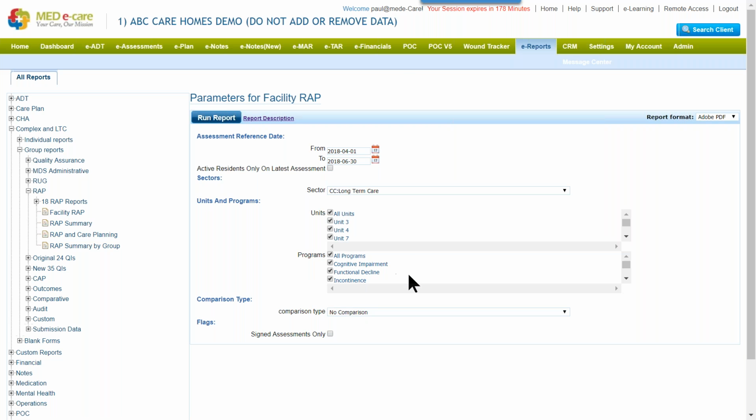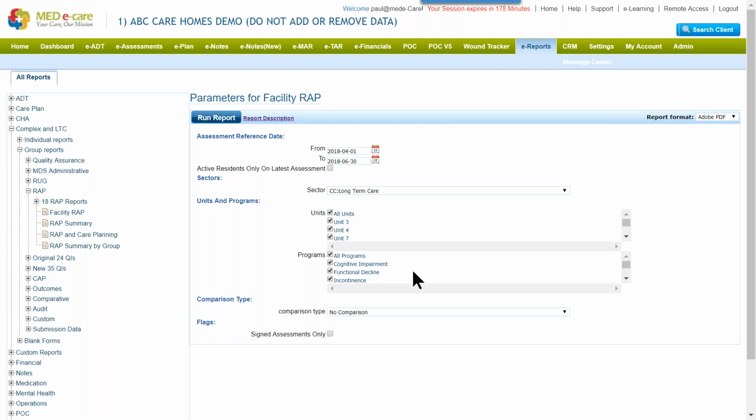Now, if you've been entering a particular program for residents when they come into your building, remember you do that through the ADT system. When a person first comes in, you say whether or not they're in a particular program, and these programs are completely up to you. You define what the programs are, and if you want to know how to do that, you can just ask support how to set that up in the settings.